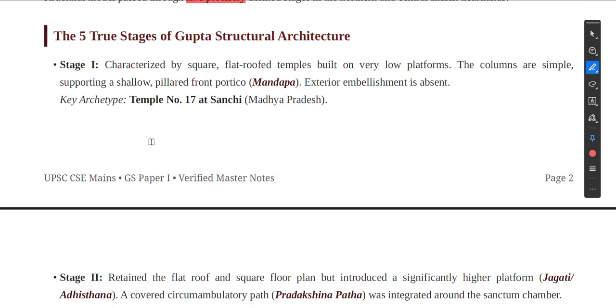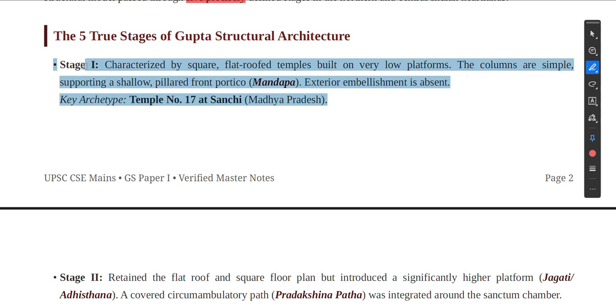So the stages of Gupta structure. The first stage is characterized by square, flat roof temples built on very low platforms. When the evolution of temple architecture started, it started with very low platforms.